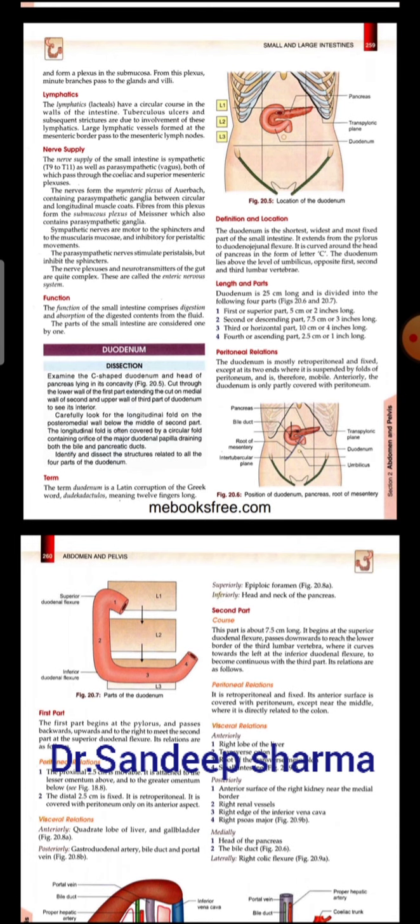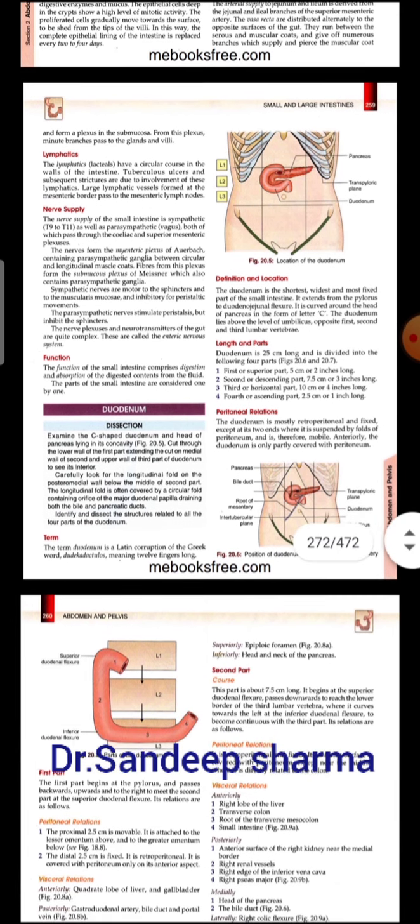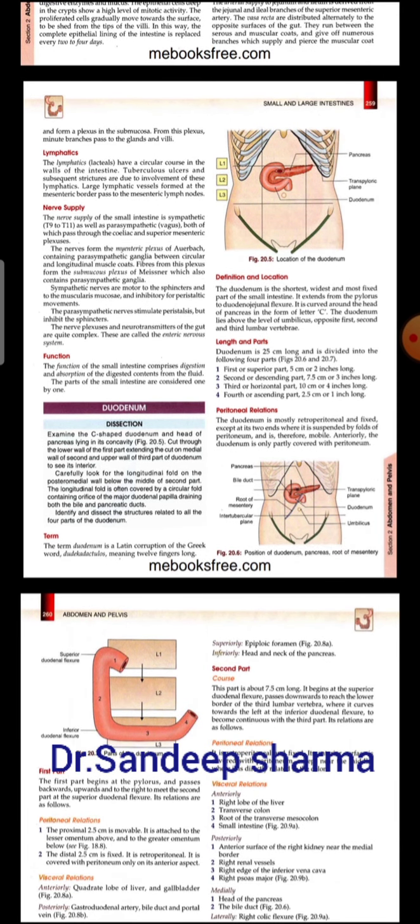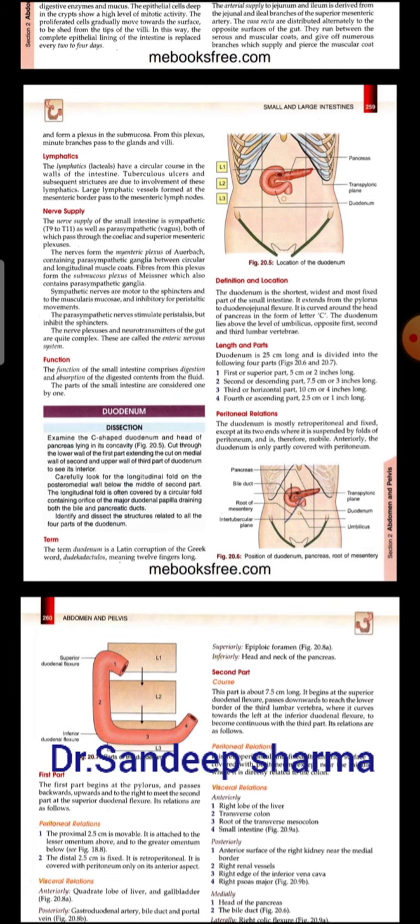Now the definition and location. Duodenum is the shortest, widest and most fixed part of the small intestine. It extends from the pylorus to the duodenojejunal flexure. These are the terms by which you can know where the joints are taking place. Whenever duodenum and jejunum unite, it is called the duodenojejunal flexure.